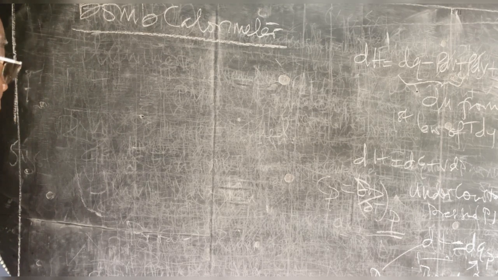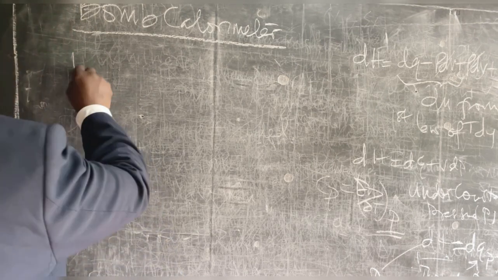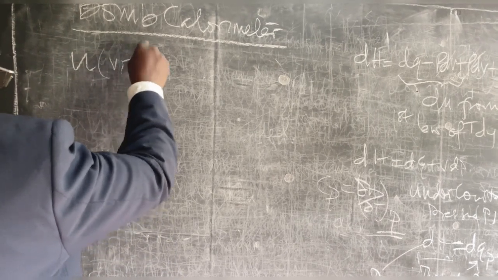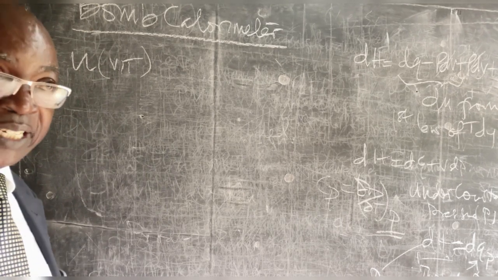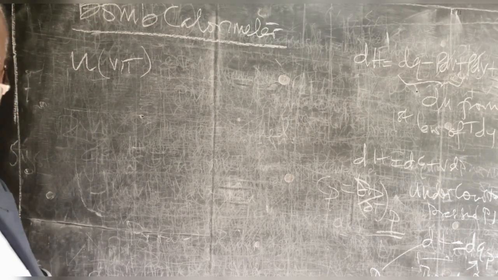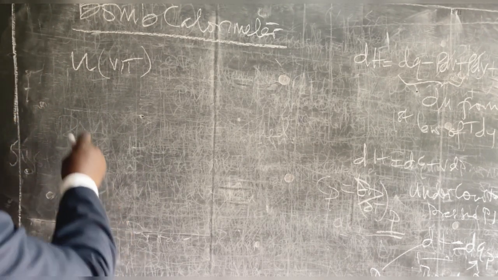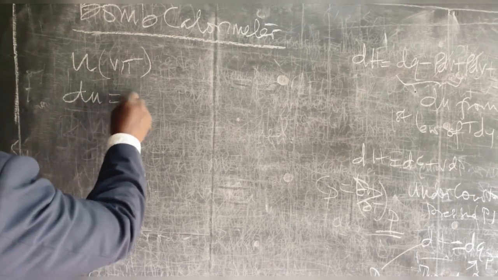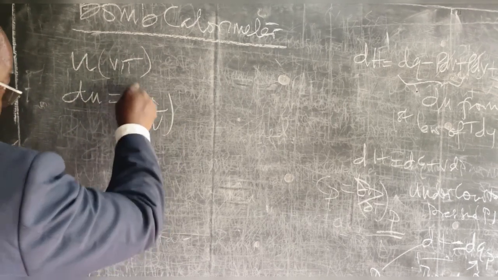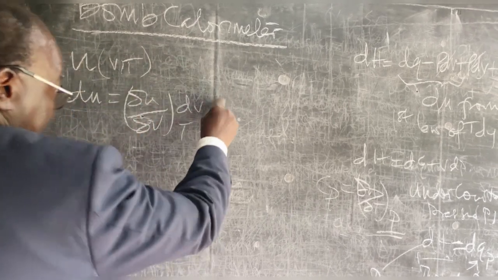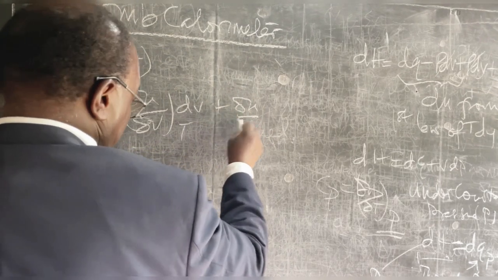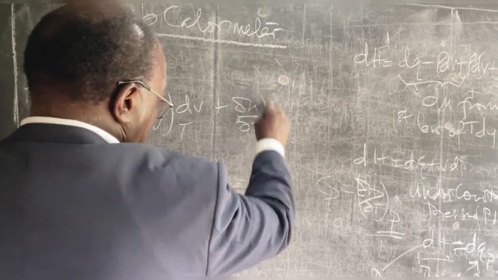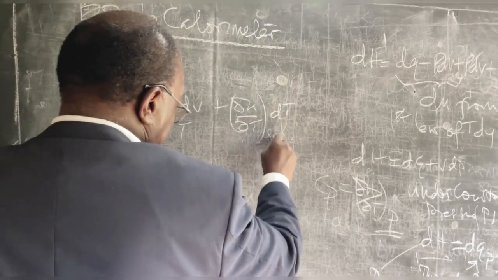And so if we go back once again to U, internal energy, as a function of temperature and volume, and write it as an exact differential, then dU is del U del V at constant T, dV, plus del U del T at constant V, dT.